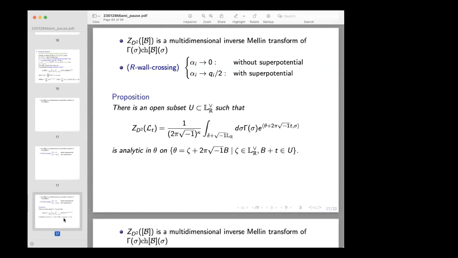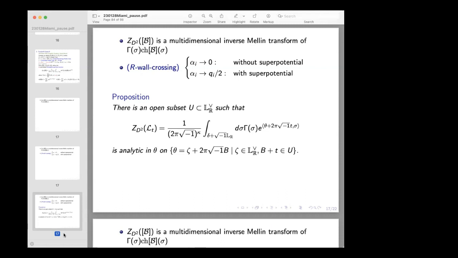And the proposition is that there exists an open subset. For a given T, which is a G character, this is a line bundle on the stack V quotient by G. There's an open subset U such that this hemisphere partition function for L_T converges.